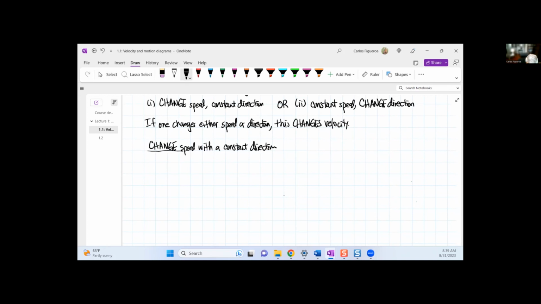That's our first situation that we want to look at. And we know that if we change speed, we can change speed two different ways. We could either speed up or we could slow down. So let's talk about speeding up. If I talk about speeding up, that clearly means that we are constantly increasing the speed.